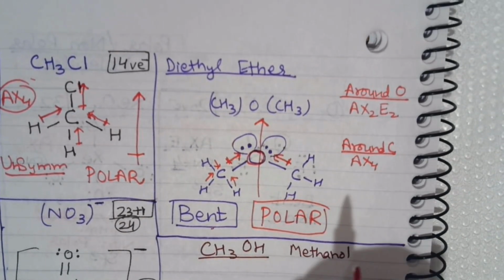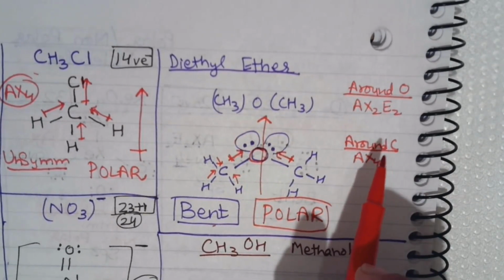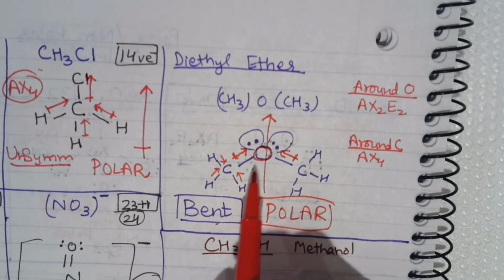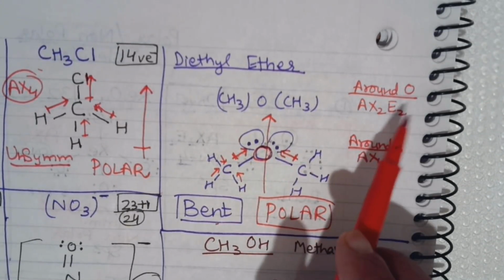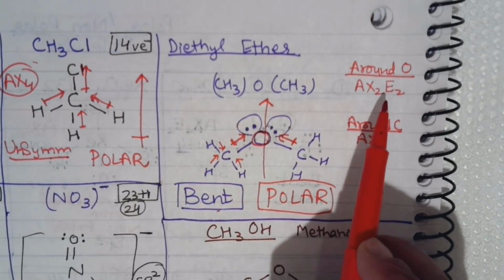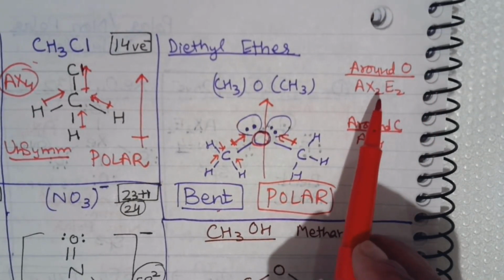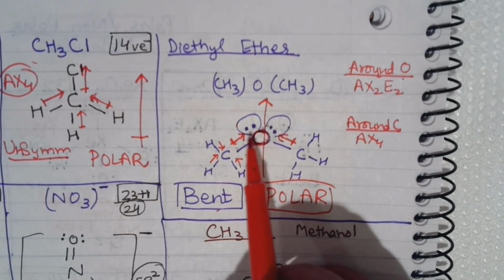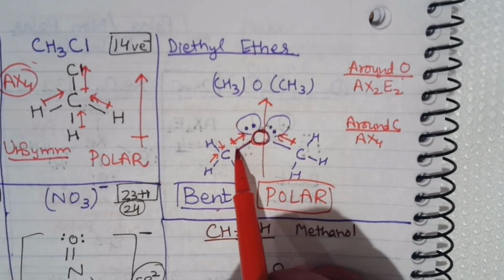We had a similar problem in the card activity that we did in class, right? Whenever we have multiple central atoms, we have to look at the geometry around each central atom separately. Around oxygen, there are 2 lone pairs and 2 bond pairs.